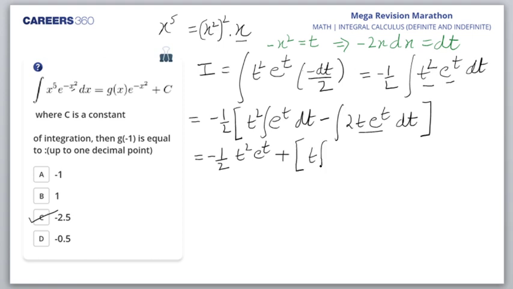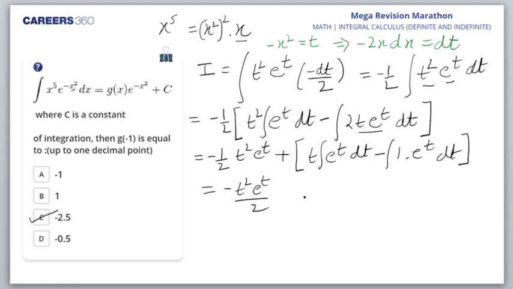So t e raised to power t dt minus derivative of t, that is 1, integral of e^t itself, dt. Now I get minus t square e raised to power t by 2 plus t e raised to power t minus e raised to power t. Am I right, students? I hope I have not made any mistake.